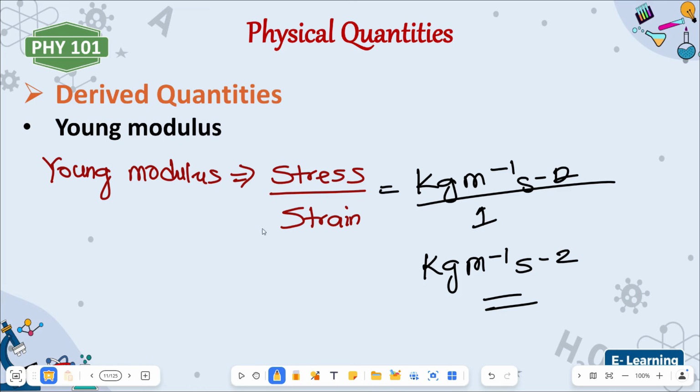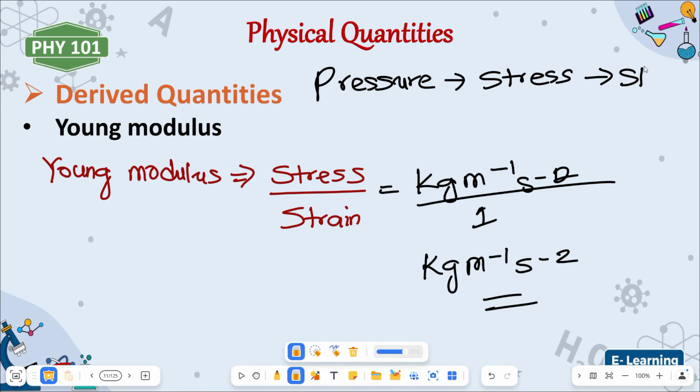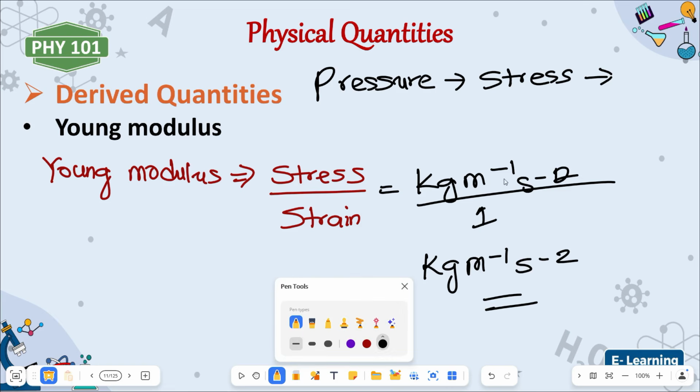So now what can you deduce from here? It means pressure, stress, and Young modulus all have the same dimension.